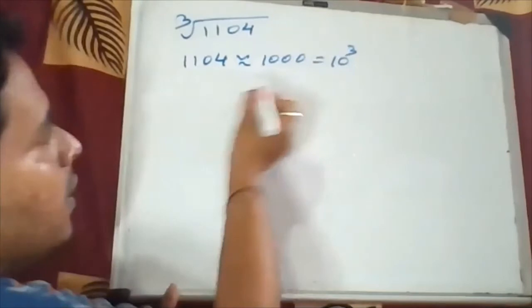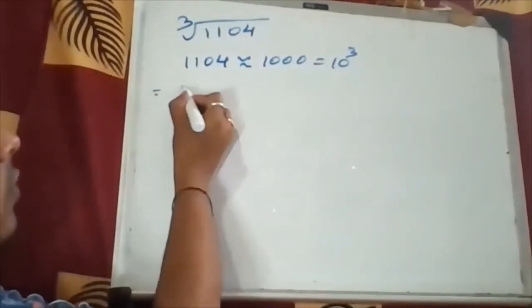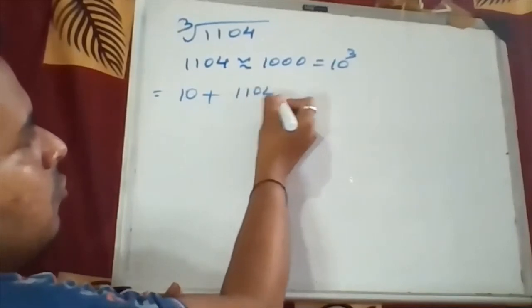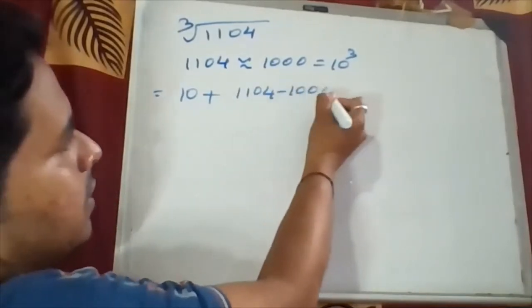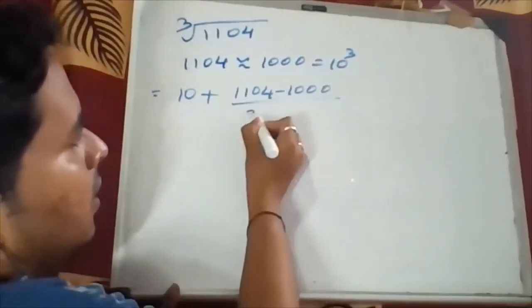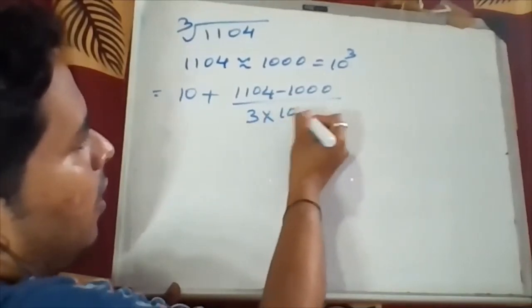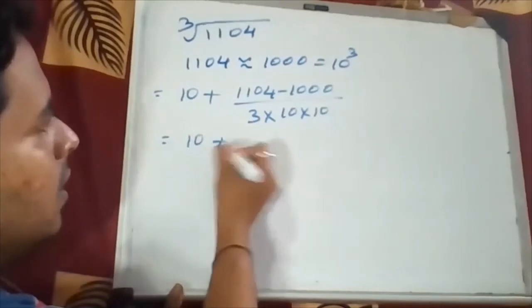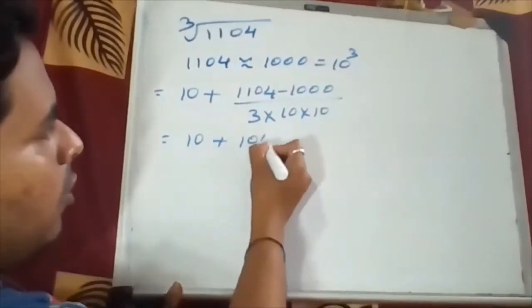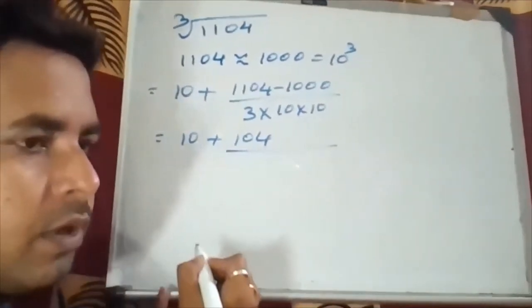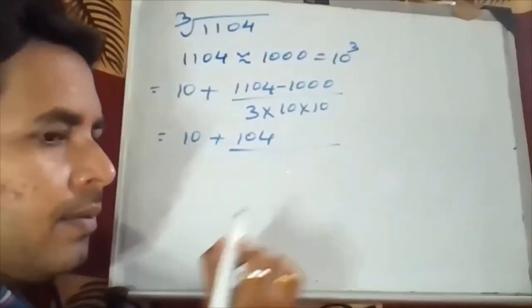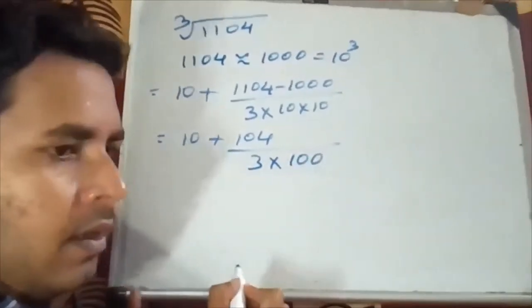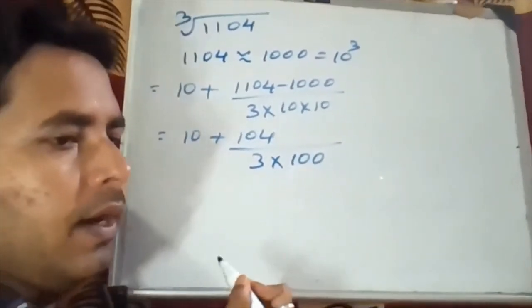So here I got the value 10 plus (1104 minus 1000) divided by 3 into 10 into 10. So 10 plus, if you subtract you will get 104, and here it is 3 into 100.